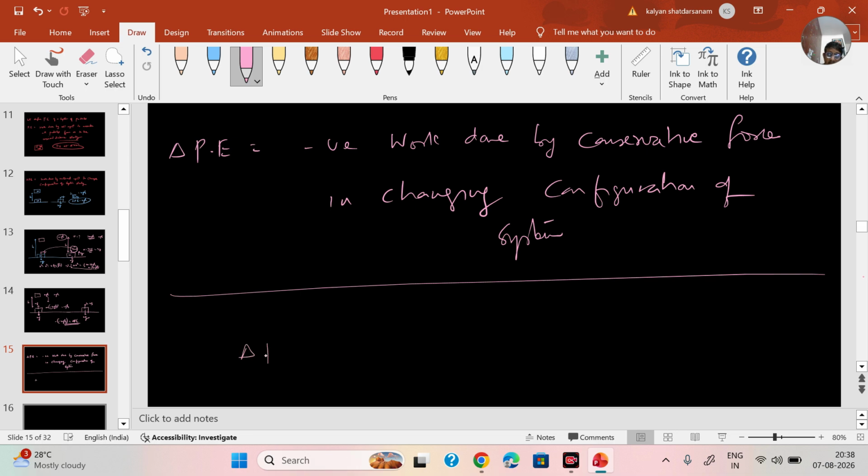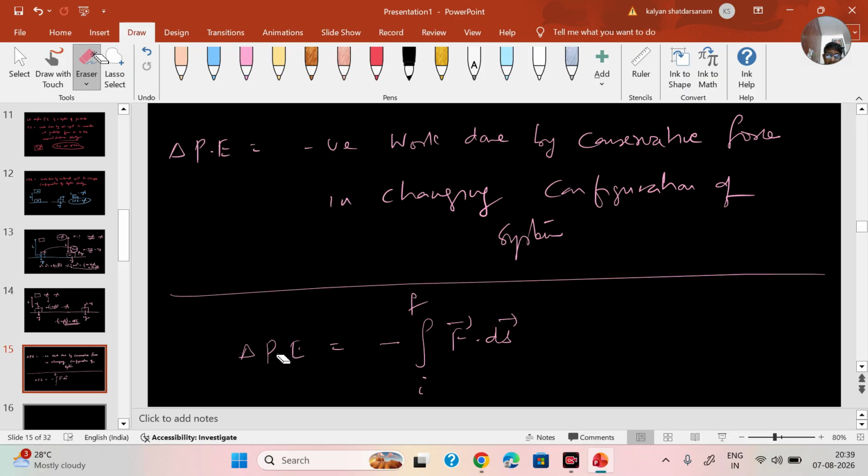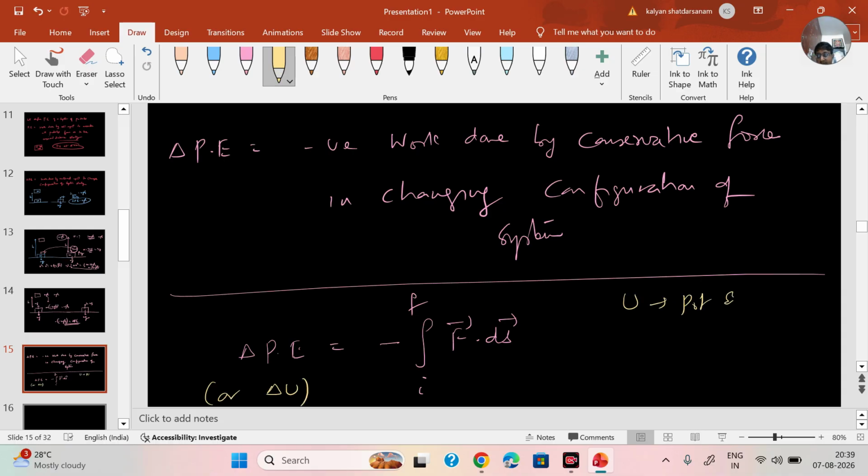So I can write change in potential energy, converting this into a mathematical statement, as negative of work done by conservative force, which means integral F dot ds, where this is the conservative force, in changing configuration from initial to final. Generally we use the symbol U for potential energy. So instead of writing delta P.E., I will say delta U. U is the symbol we use for potential energy in physics.